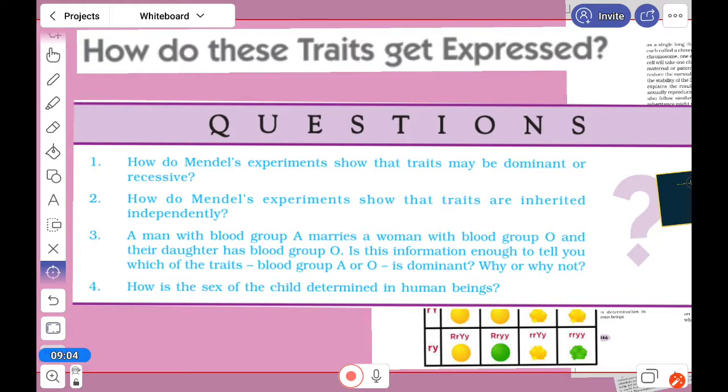We have to read this carefully. Instantly, you would answer that blood group O is dominant, because the daughter has it, as in the previous study. But actually it will not be so. I'll discuss that now.